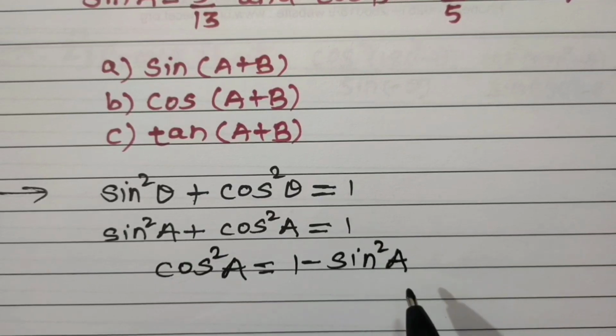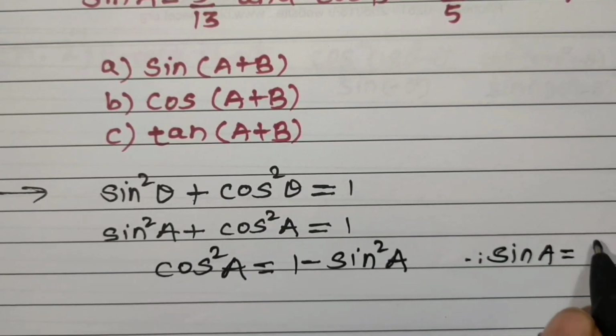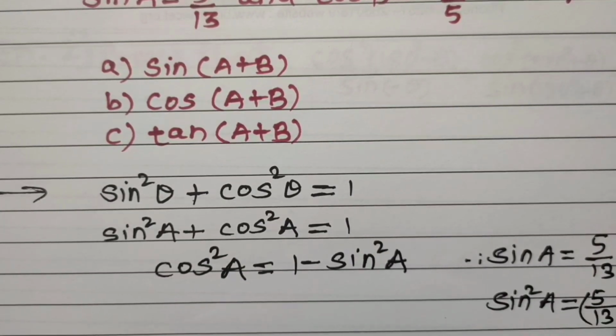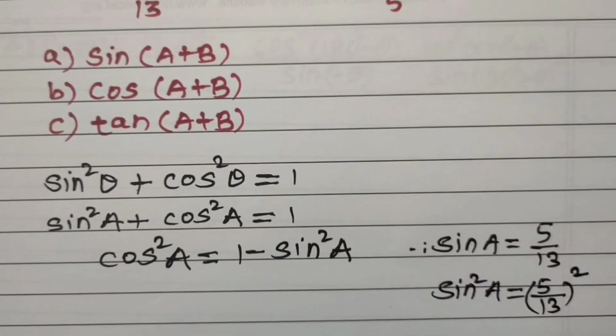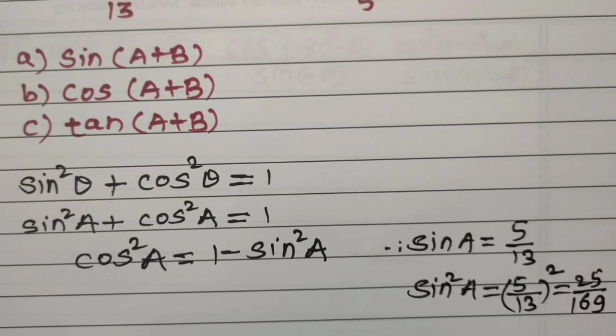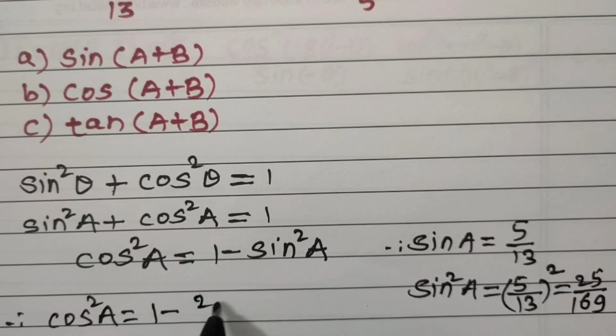But we know sine A is equal to 5 upon 13. Hence sine square A can be written as 5 upon 13 squared, which is equal to 25 upon 169. So hence cos square A is equal to 1 minus 25 upon 169.